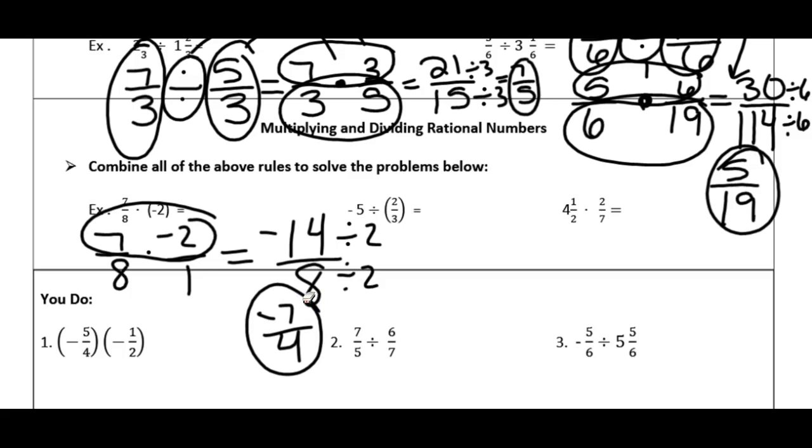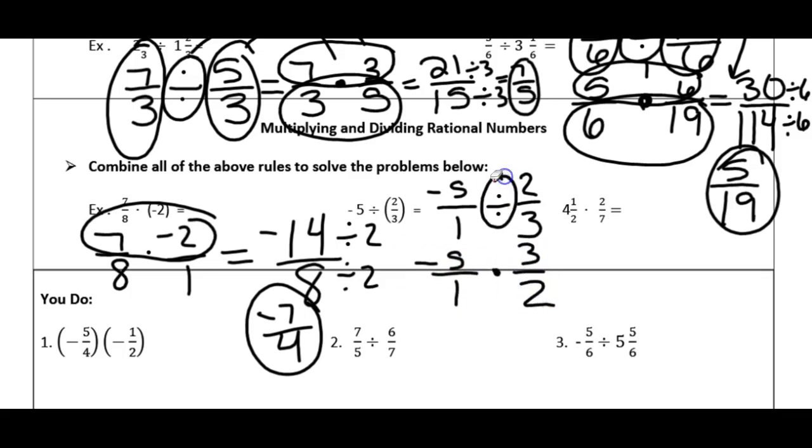Second example, -5/1 divided by 2/3. I have to change division to multiplication, so -5/1 times 3/2. Because remember, you switch the division and then you flip that second fraction.